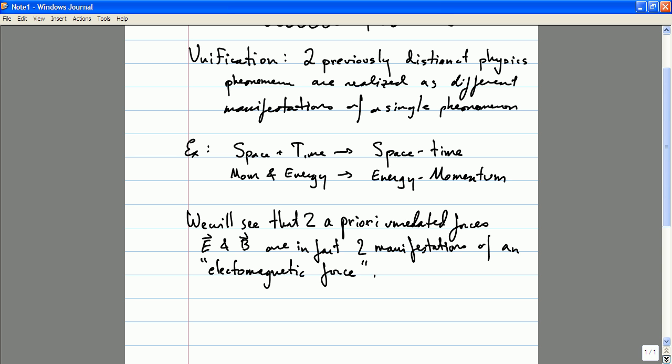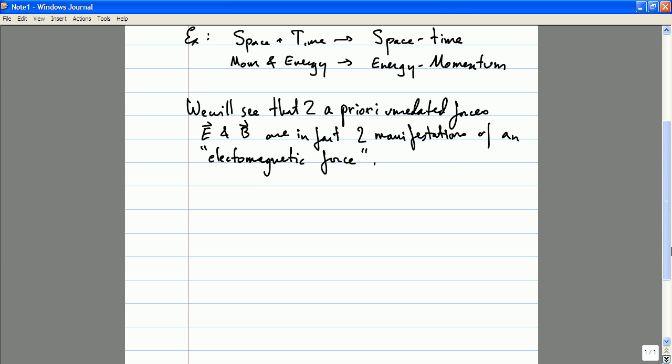So, in order to understand why electricity and magnetism must, in fact, be two different manifestations of a single, more fundamental concept, let me remind you that one of the most basic principles of relativity, and indeed of physics, is that the outcome of some experiment should be independent of the variables that one uses to describe the experiment.